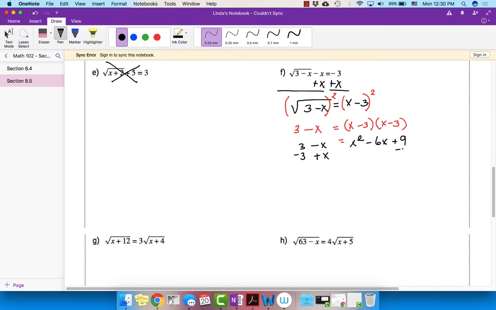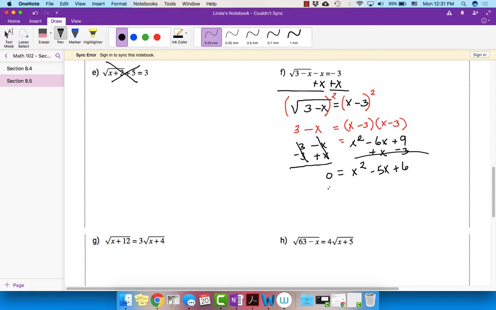In doing so, I have the left side equal to 0, and the right side is going to be s squared, negative 6 plus 1 is negative 5, and then 9 minus 3 is plus 6.